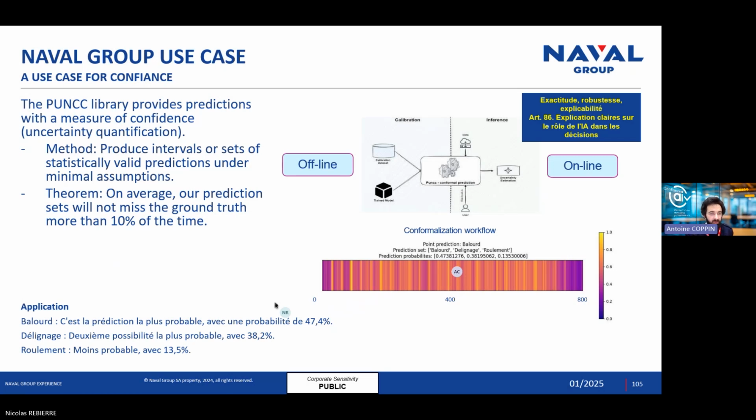But without Punk, I wouldn't have been able to see that the classification of the misalignment, which means that my shaft isn't aligned anymore, is just left a bit behind. It's 38%. So with Punk, I was able to give the uncertainty of my model. You can switch to the next slide.